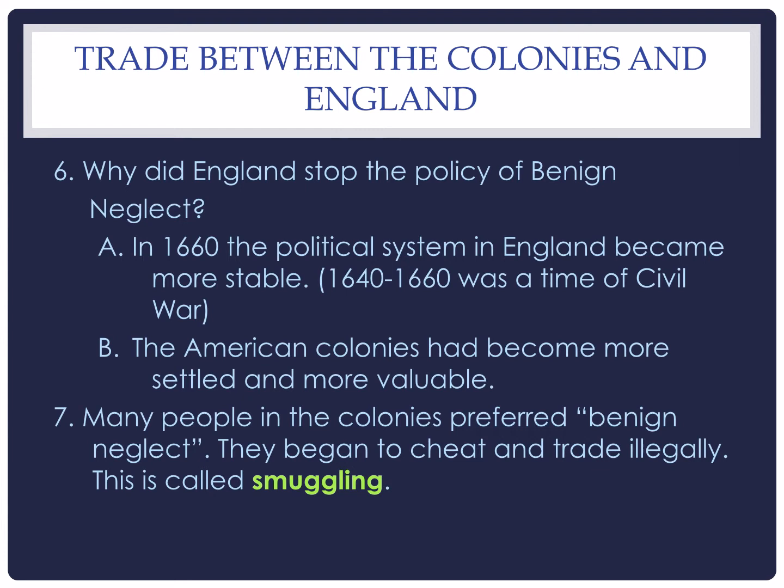So you can certainly see, if you're in England, passing these rules sounds like a good idea, right? We want to make money off of the colonies. That's the goal. But many people in the colonies weren't happy about it. They preferred that benign neglect. They preferred being left alone. So what happens in response to the Navigation Acts is some people cheated.